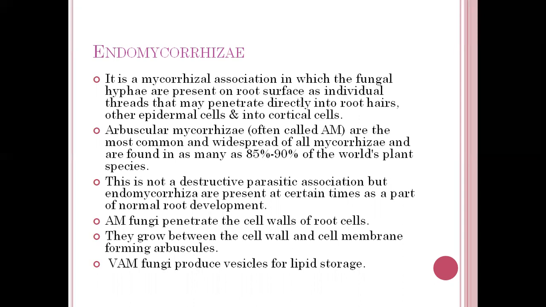And these arbuscular mycorrhizae are the most common and widespread of all the mycorrhizae, formed in almost 85 to 90% of the world's plant species. This association is not a destructive parasitic association, but in endomycorrhiza, they are considered as a normal part of normal root development in certain plants.